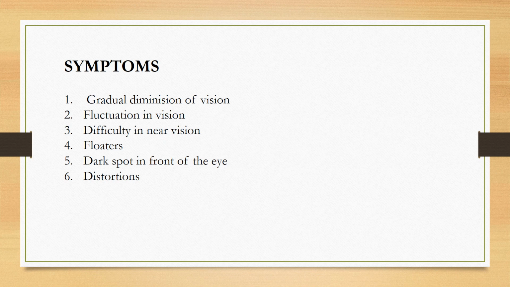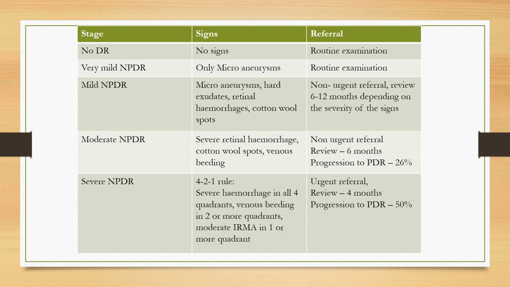These are the signs and symptoms of diabetic retinopathy. Coming to today's class, we all know diabetic retinopathy can be divided into proliferative and non-proliferative diabetic retinopathy, and then diabetic macular edema, which we discussed in the previous class. In this class we are going to discuss proliferative and non-proliferative diabetic retinopathy and their subclassifications.